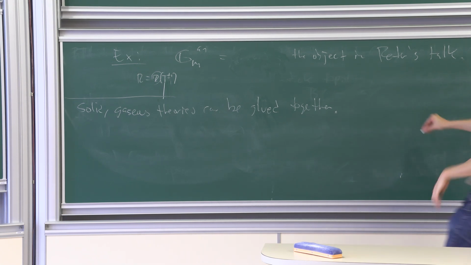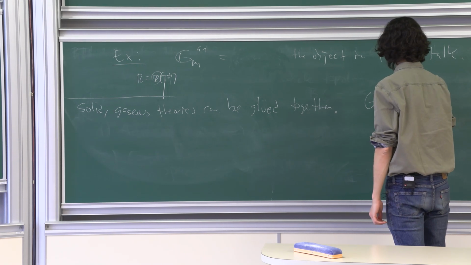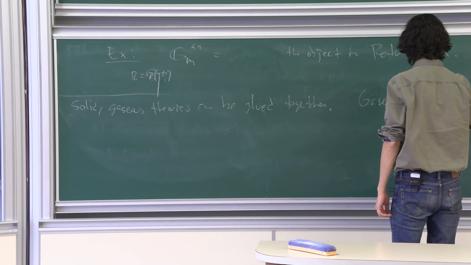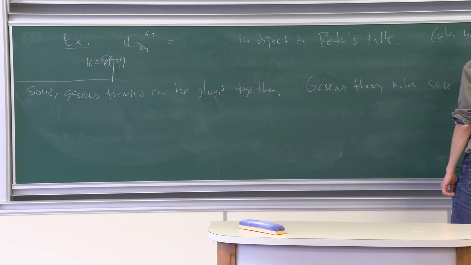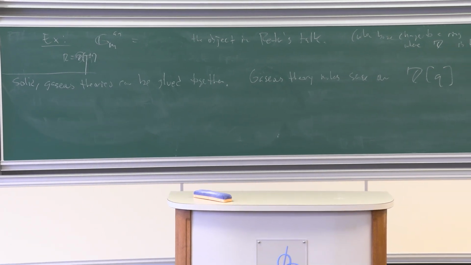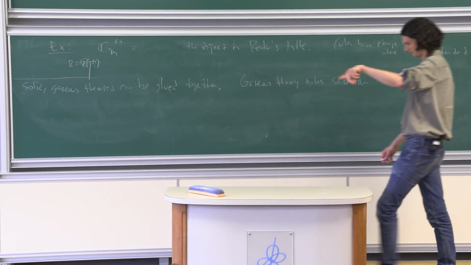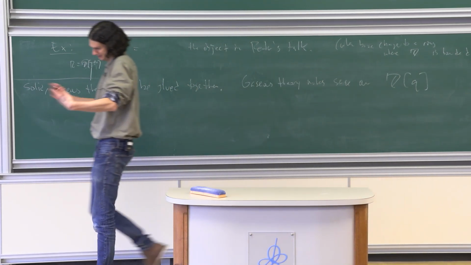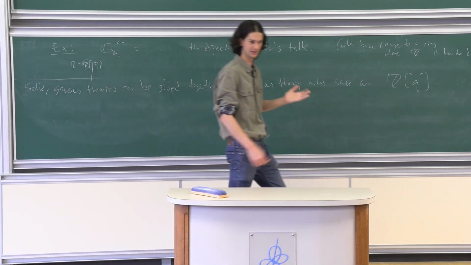So the gaseous theory makes sense over ZQ, in fact. All we had to do to define the gaseous theory was write down this endomorphism of P, this 1 minus Q times T, and then ask that it become an isomorphism in our theory. And to do that, you didn't need to require Q to be topologically nilpotent.